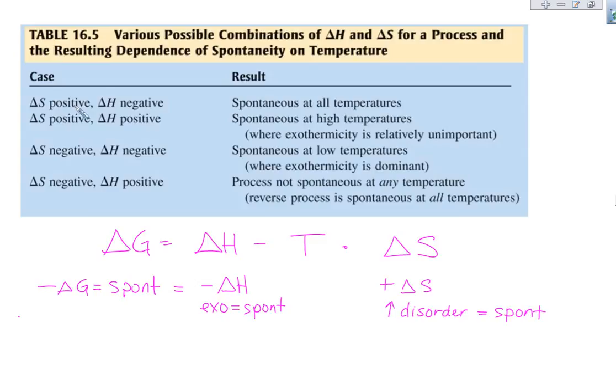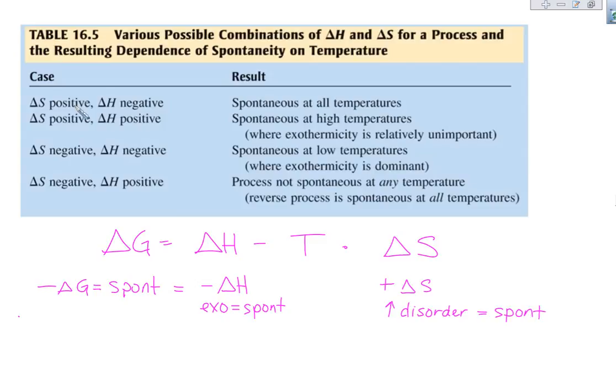Even if the temperature was negative, then we'd be adding some quantity. We should always have a negative delta G. Check the other constant, that last one.